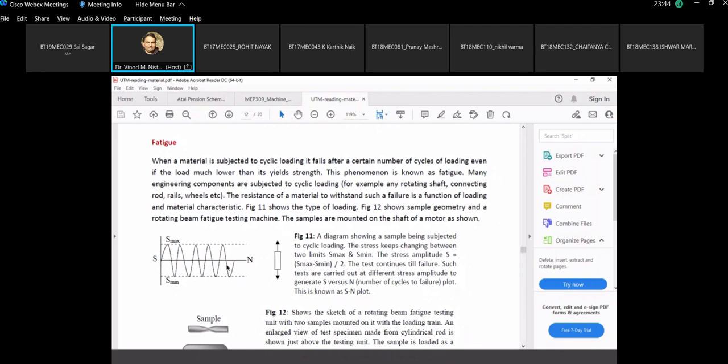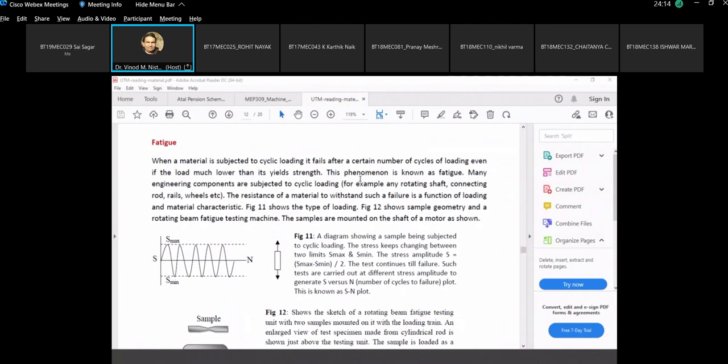This is a generalized form just to demonstrate the purpose, and for the experimental purpose we will see a video now. In that video we can see how the cyclic load is applied on the material, and how the material reaches its maximum stress value and then it fails.